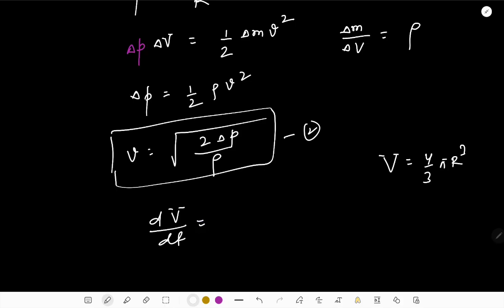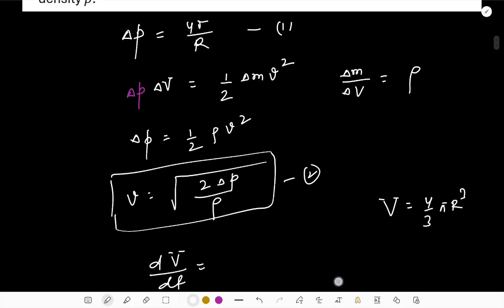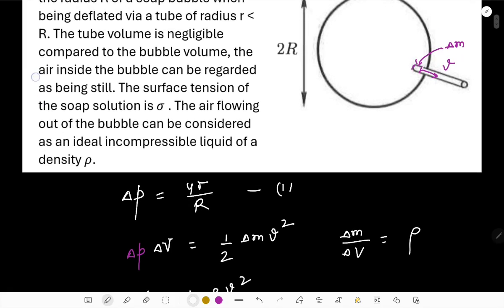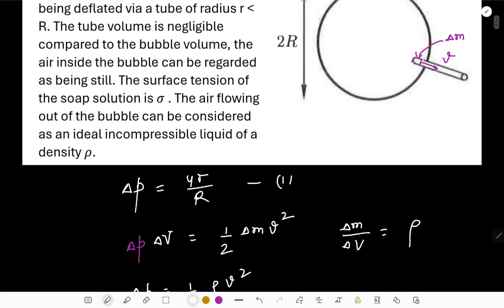This rate of decrease of bubble volume will be equal to the rate of outgoing liquid through this tube.